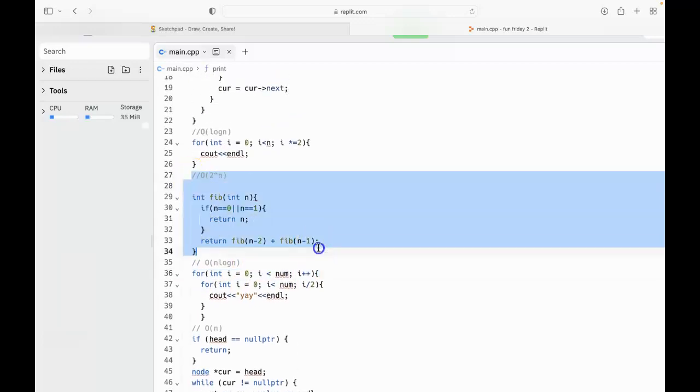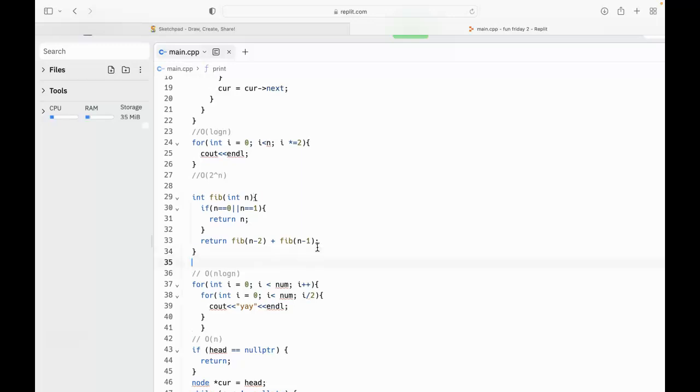And O 2 to the n, so for recursion, there's usually a pattern: how many times you call your recursive function, it's that many times to the power of n. And you can trace it. It'll look something like this. So you have 5, right? So it'll be 3 plus 4.